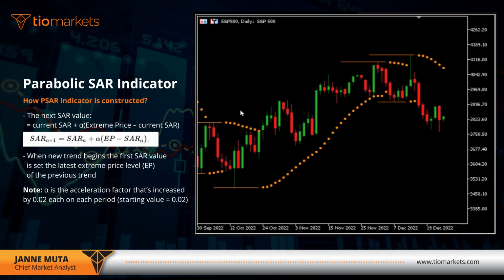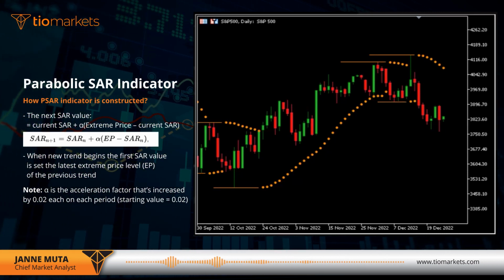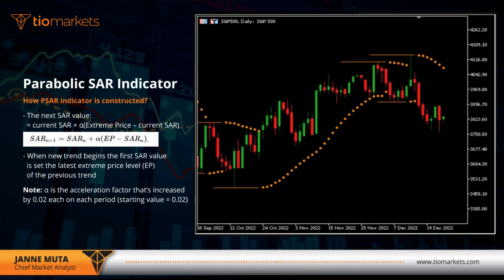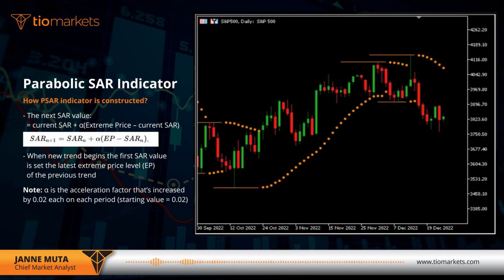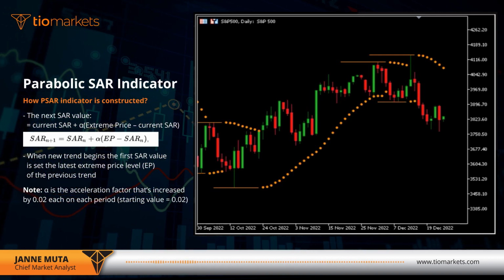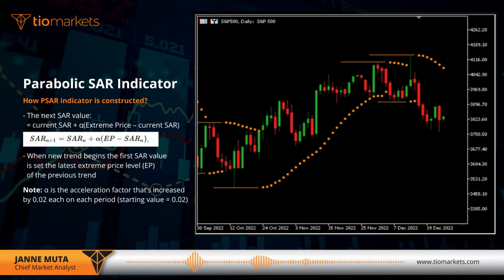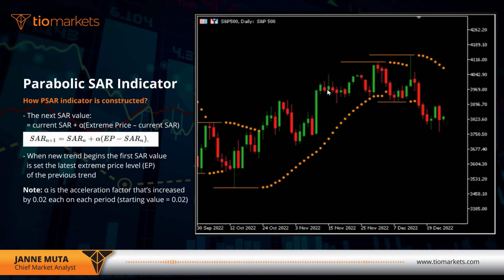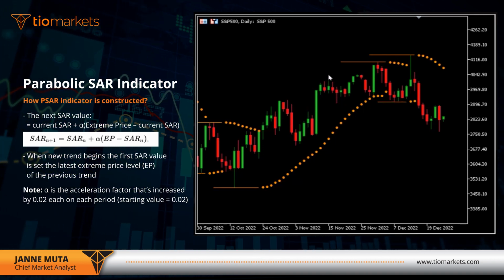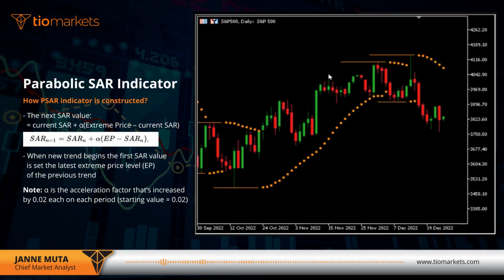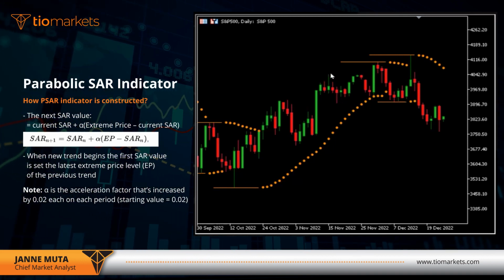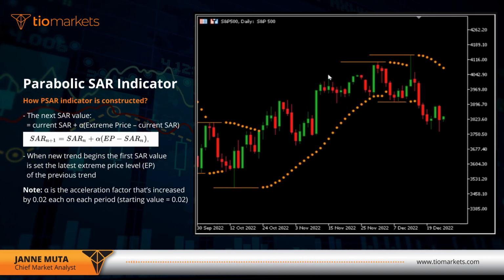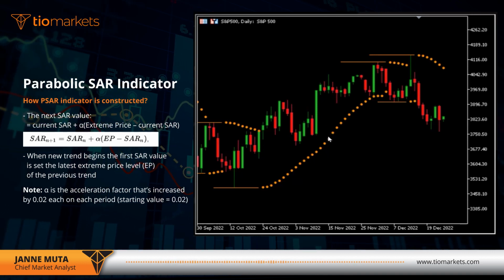Then we have something called EP, or extreme price level. That's the highest high in an uptrend and the lowest low in a downtrend. Let's take an example here. The high of this candle is the EP. We take the difference between the high here and the current SAR value.